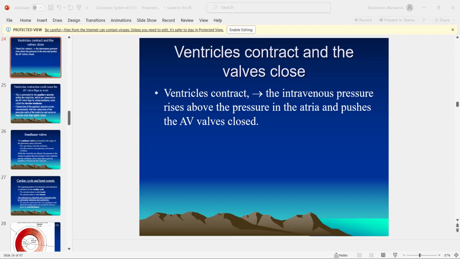The atrioventricular valves remain closed throughout systole. The first heart sound occurs at the end of atrial contraction and at the beginning of isovolumetric contraction, once the atrial pressure drops below the pressure in the ventricle. The closing of the tricuspid and bicuspid valves, the atrioventricular valves, generates the first heart sound.